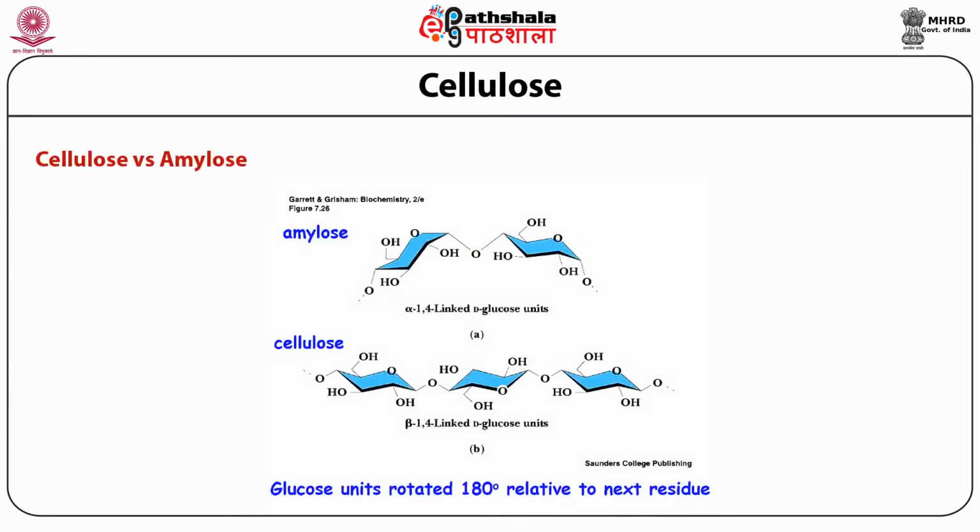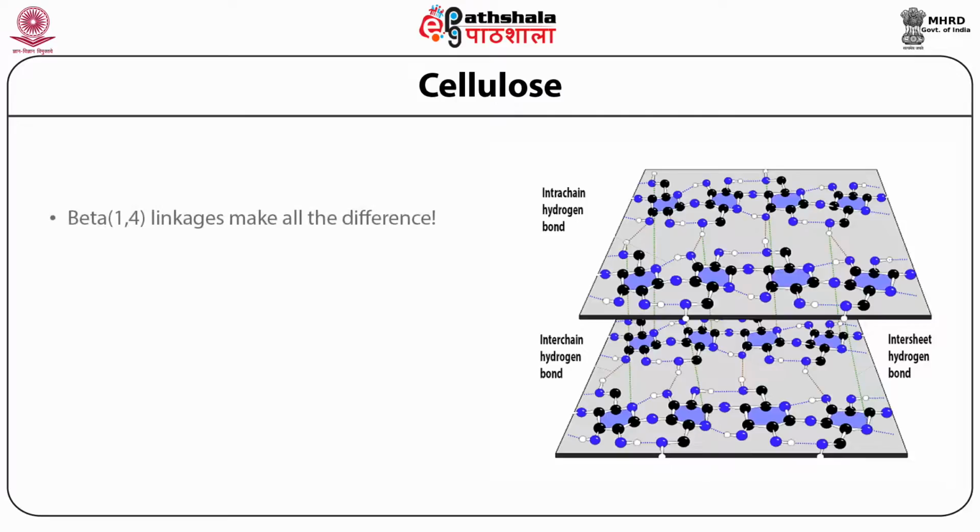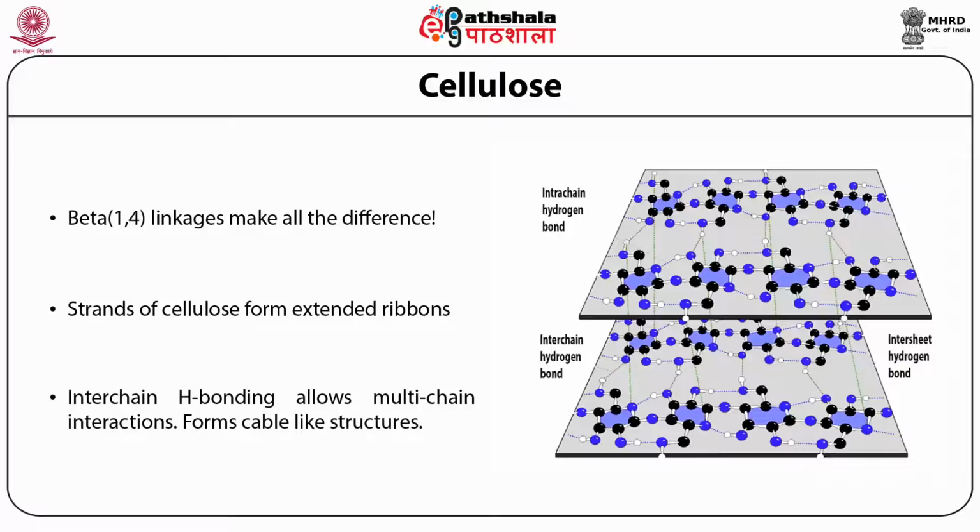Cellulose versus amylose. Amylose is alpha 1,4 linked D-glucose units. Cellulose has beta 1,4 linkage, which makes the different strands of cellulose form an extended ribbon. Interchain hydrogen bonding allows multi-chain interactions and forms a cable-like structure.